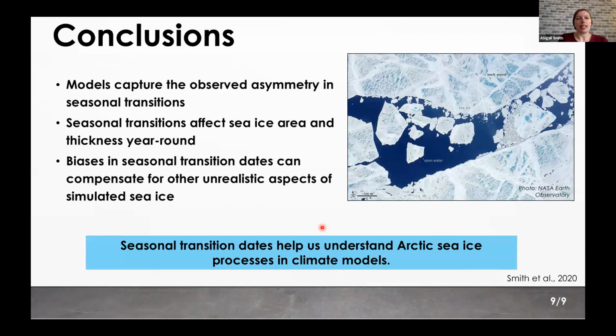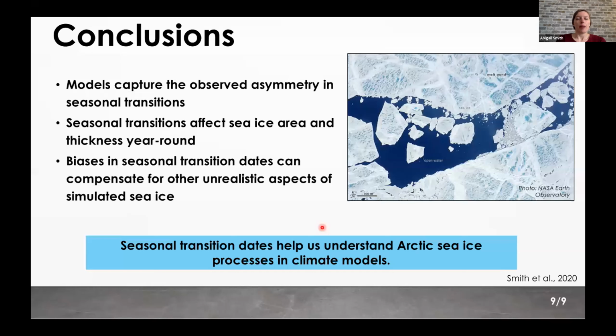I'll just wrap up by hitting these key points again: models capture the observed asymmetry in seasonal transitions, where spring ice loss takes 1 to 2 months longer than fall ice growth. Seasonal transitions also affect sea ice area and thickness year round, so we can get a more process-based understanding by using these dates.